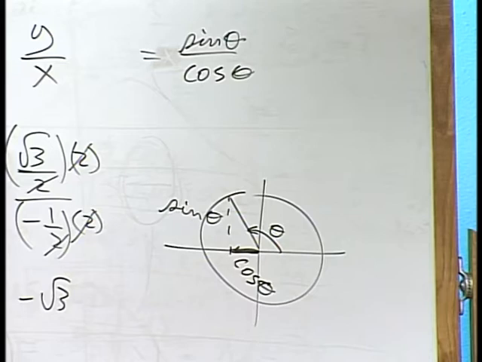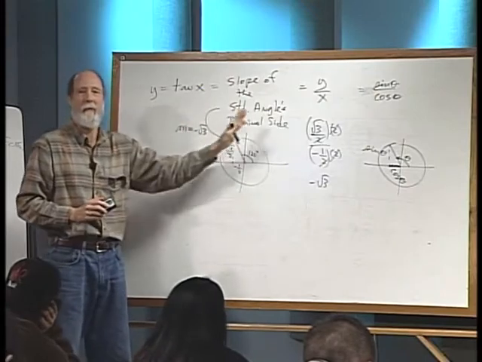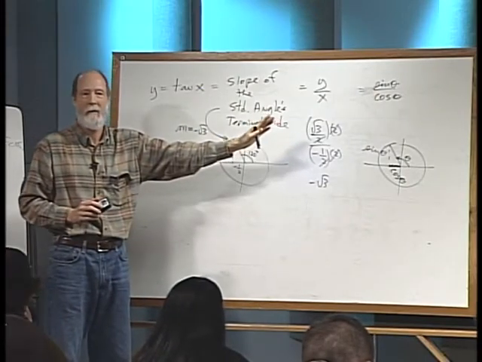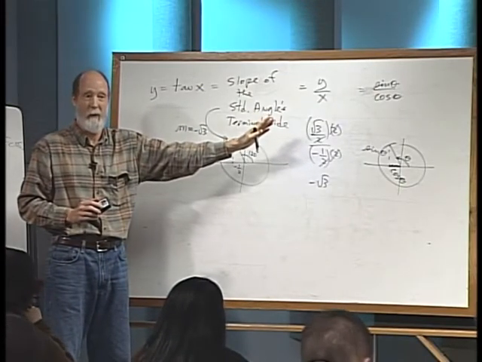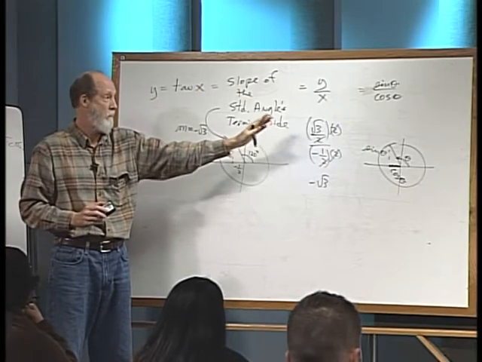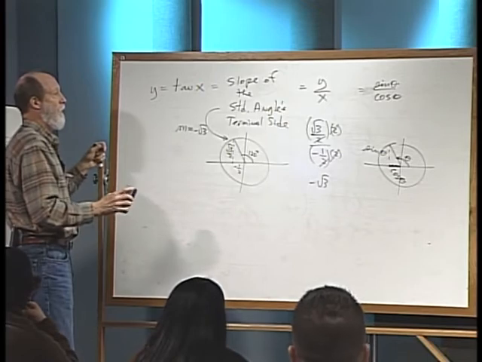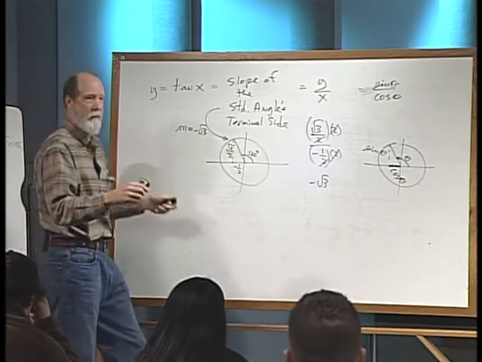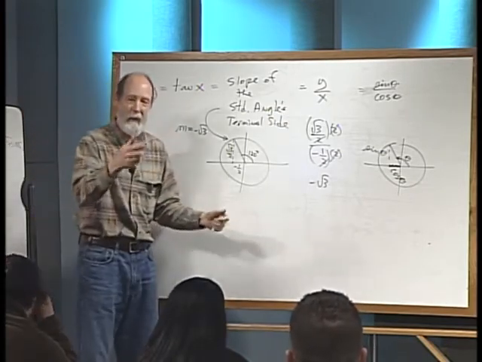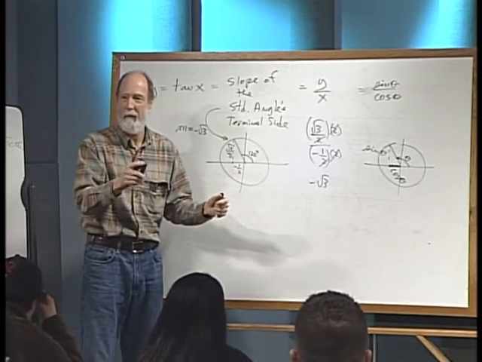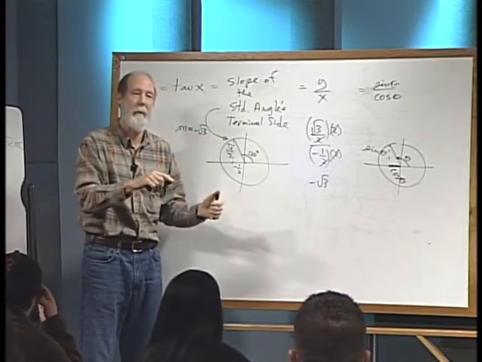Okay? Any questions on this? Should be okay with that, I hope, at this point. All right. There are several ways for me to help you think your way into what the tangent graph looks like and how to remember it.